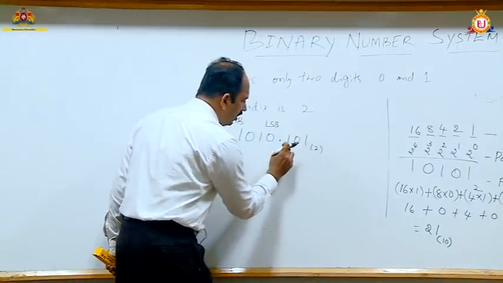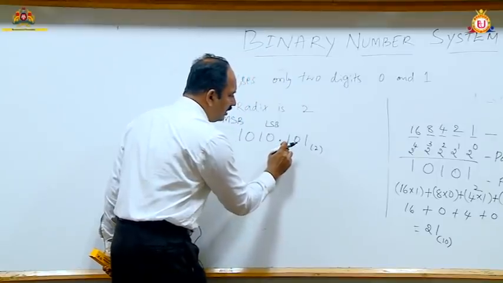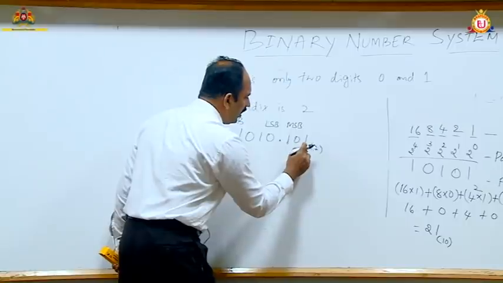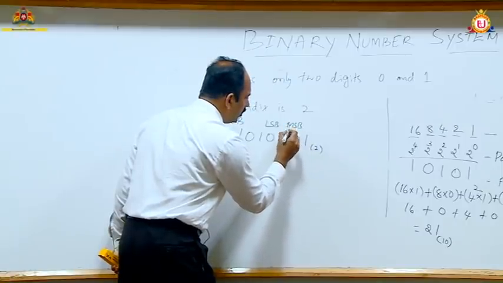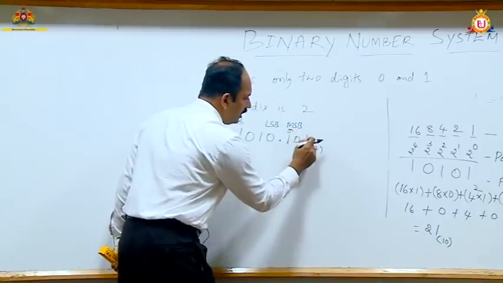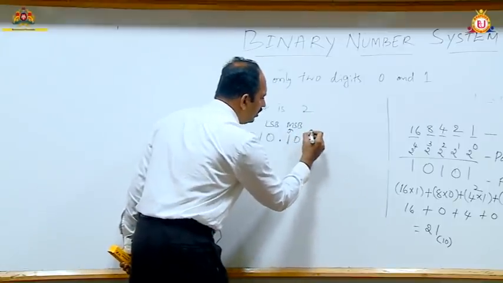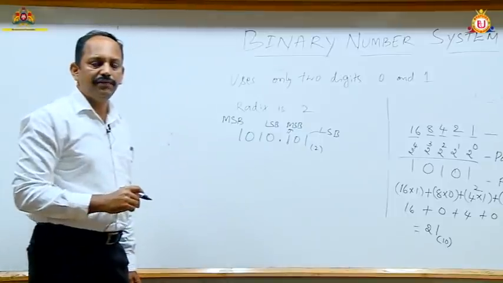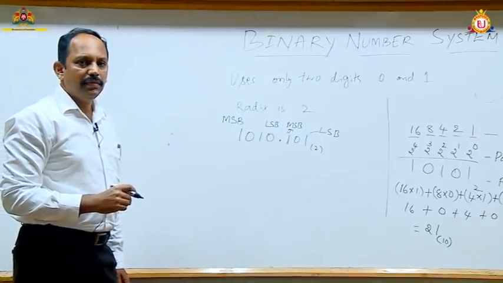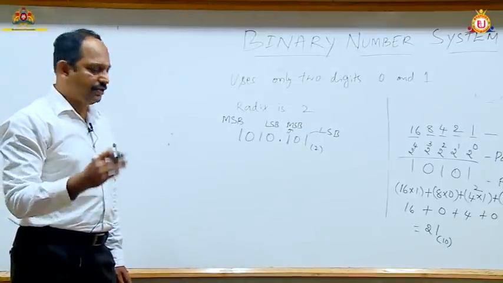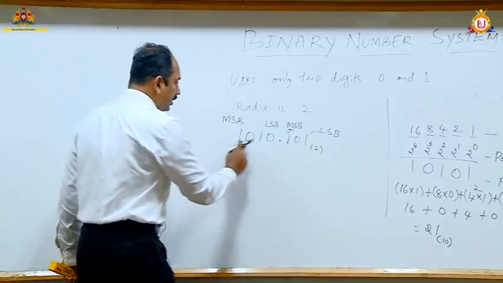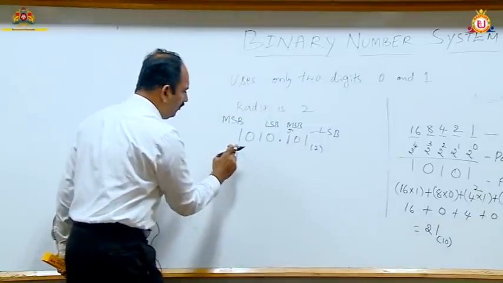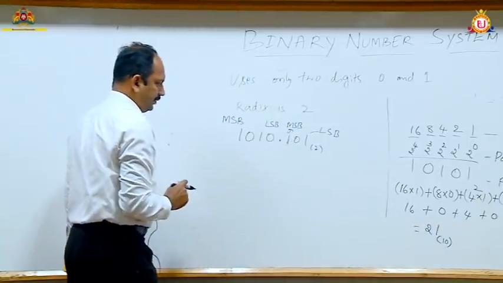In the fractional part, the 1 at the leftmost position is the MSB, and the 1 located at the rightmost of the fractional part is identified as the LSB, least significant binary digit or bit.